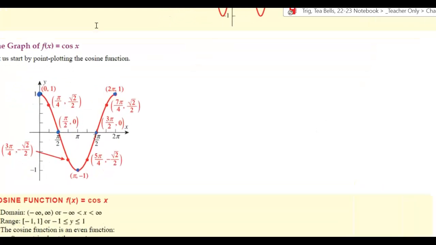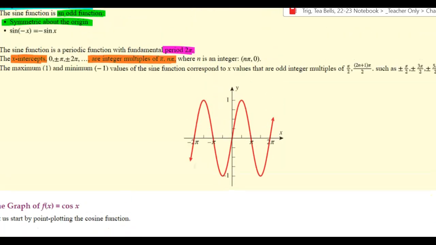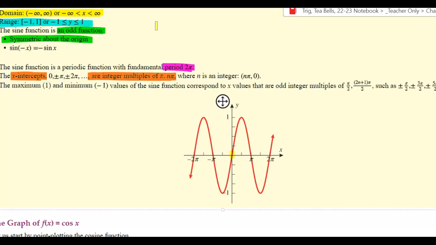So notice when your cosine starts, because sometimes you're going to have to figure out, are we talking about sine or cosine from a graph? The cosine function starts at its max. It's either going to start at its max or min, meaning it's going to start at 1 or -1 if we don't have any transformations. So notice sine starts in the middle. It's always going to start at the origin, unless, like I said, we have some sort of shift.